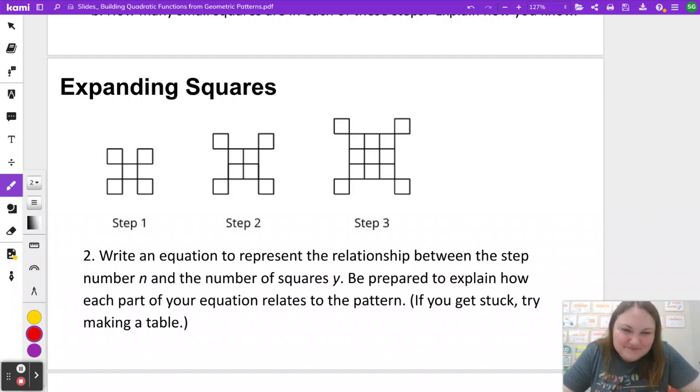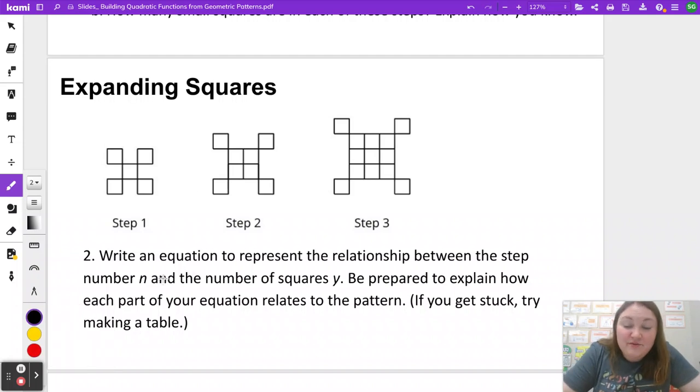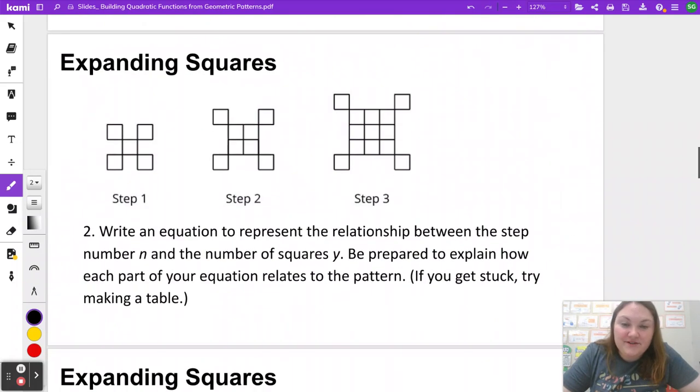If you wanted to come up with this, you can always create a table and see if you can notice that pattern. But we've kind of talked through it up here, where that pattern is every single time I'm using multiplication or an exponent of 2 to find the area of that yellow square in the middle, and then I'm adding 4 for the 4 squares on the corners.